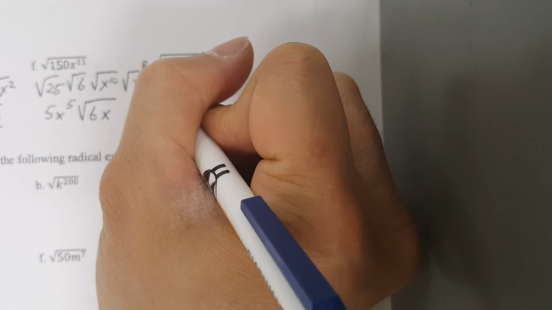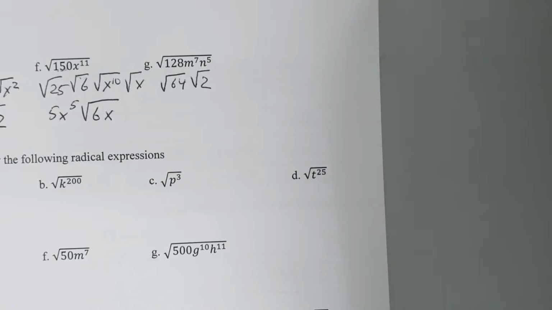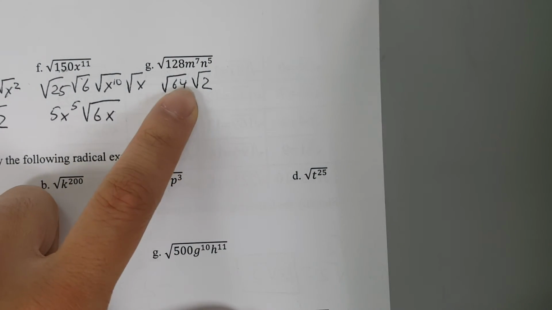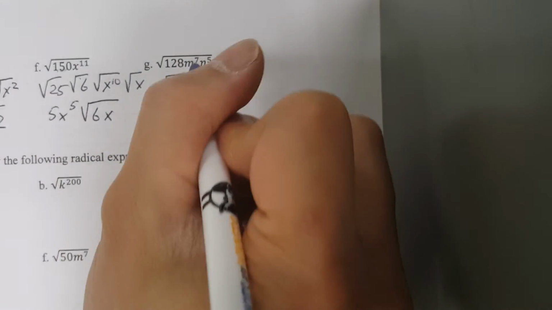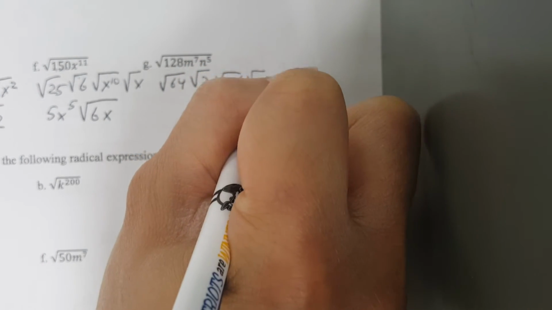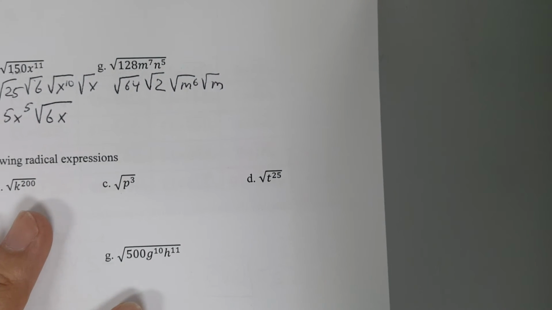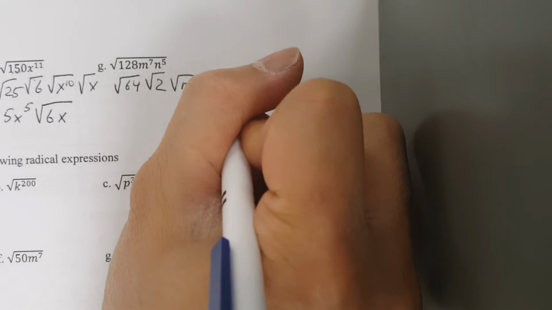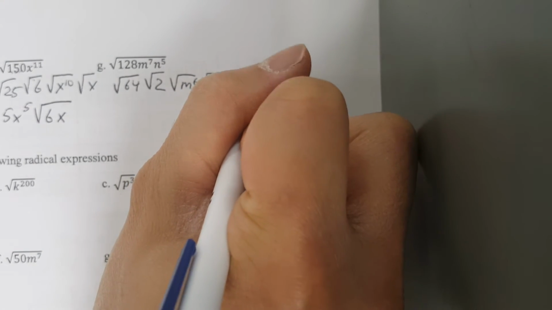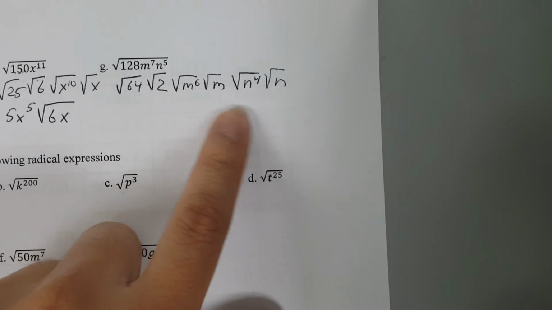So this becomes radical 64, radical 2. Now, I have two variables here. I'm going to break m to the 7th up into m to the 6th, and I have one m left over. And then my n to the 5th, I'm going to break up into n to the 4th and n. So it's a really long chain.